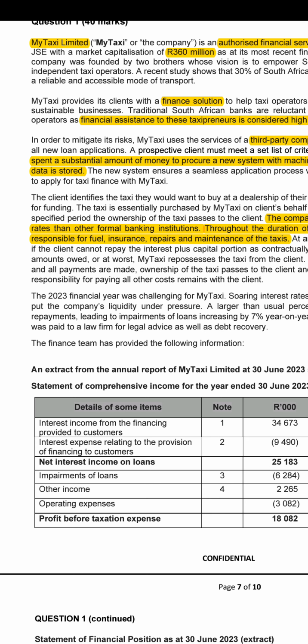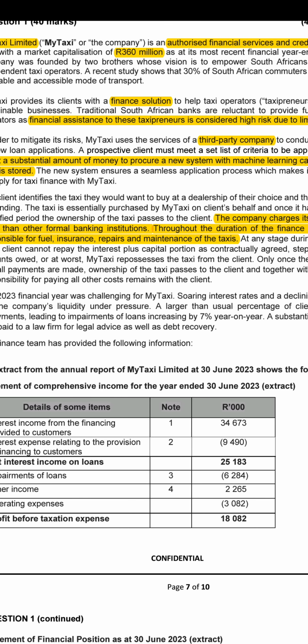So at least with us, it's not going to be our problem. Their fuel, I think it would be a nightmare for us as an entity to handle that. Same thing with the insurance and the repairs and maintenance. If it's new, then that might be covered by the dealership as well. But the crux here is that it's not on our head to deal with.